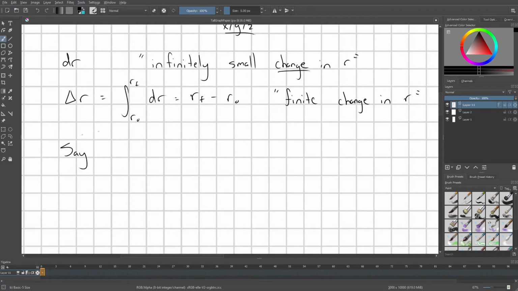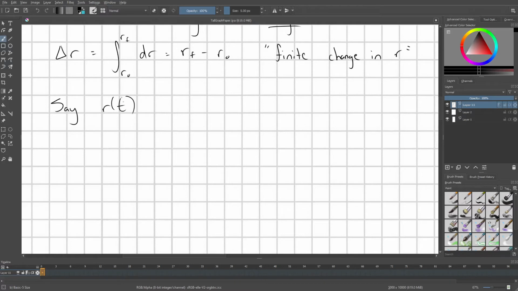Say that r is a function of one variable, which I said would be t. Then we can write out integrals of r with respect to t.